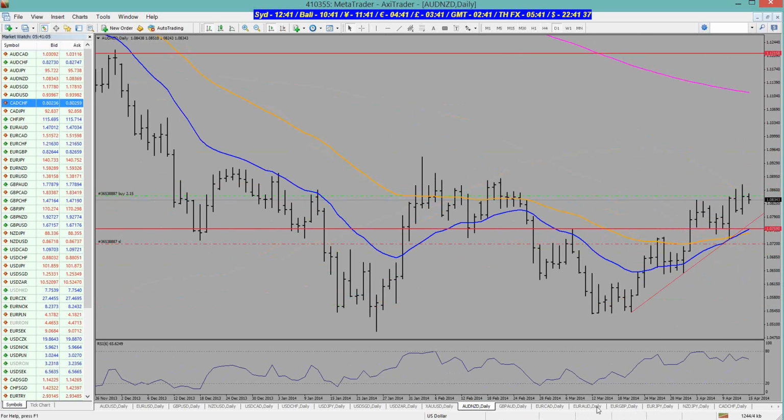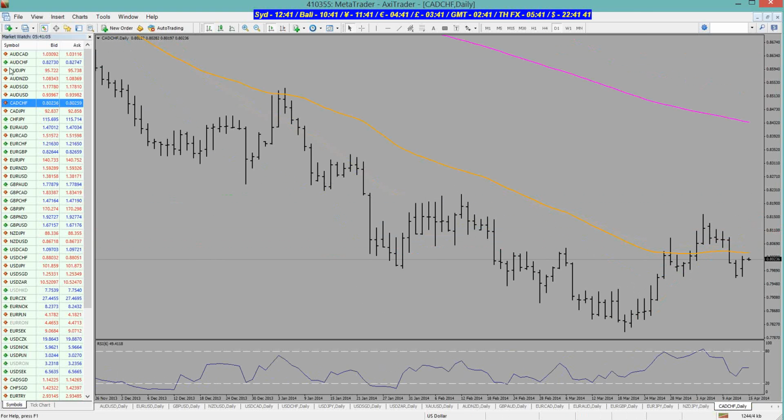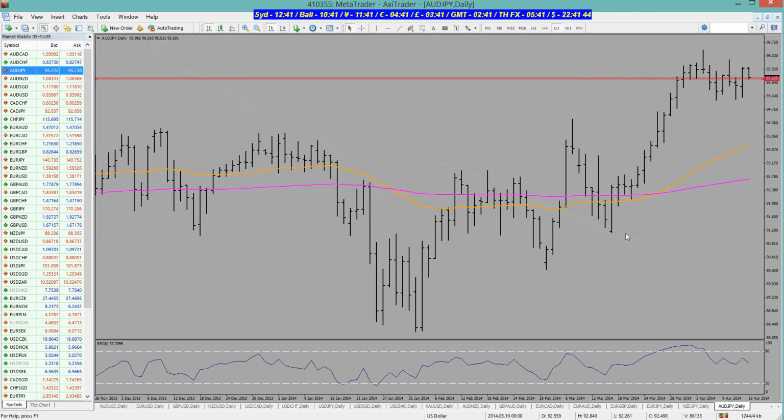Now Aussie Yen. This was your entry. Your stop should be above that, and then your stop should have been above this.